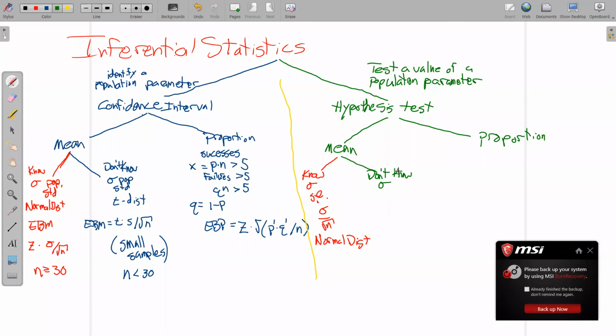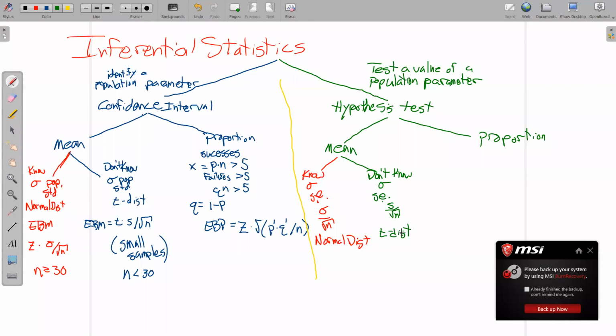If we don't know sigma, then the standard error is the sample standard deviation over the square root of n, right? Notice same thing that's going on over here. This is my standard error right there, s over the square root of n. So if I don't know sigma, I need that right there, and this is from a t distribution instead.